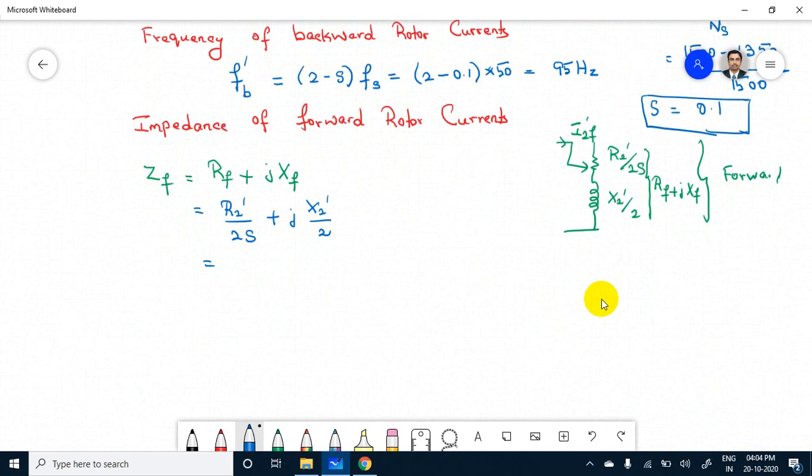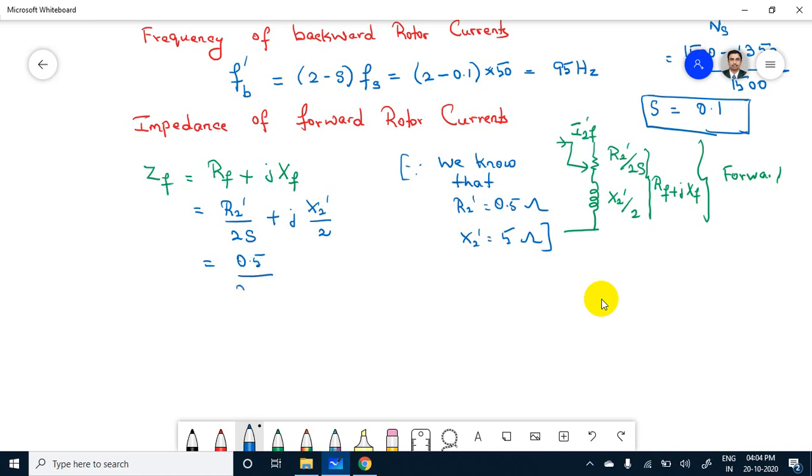As per the given data in the problem, R2 dash is 0.5 ohms and x2 dash is 5 ohms. This we can substitute: 0.5 divided by 2 into slip value, which is 0.1, plus j into x2 dash, 5 divided by 2.